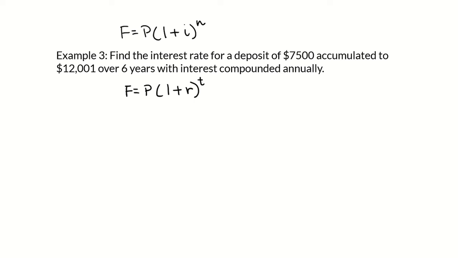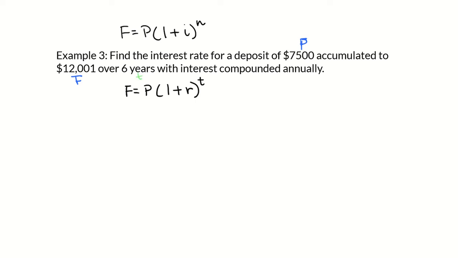Because compounded annually means just one time per year, so the number of years is equal to the number of times that the interest will be compounded. So in this example, we want to find the interest rate R for the deposit. And we know F and P. P is the principal, 7,500. F is the future amount of the account, which is 12,001. And we also know T, which is the number of years, which is 6.